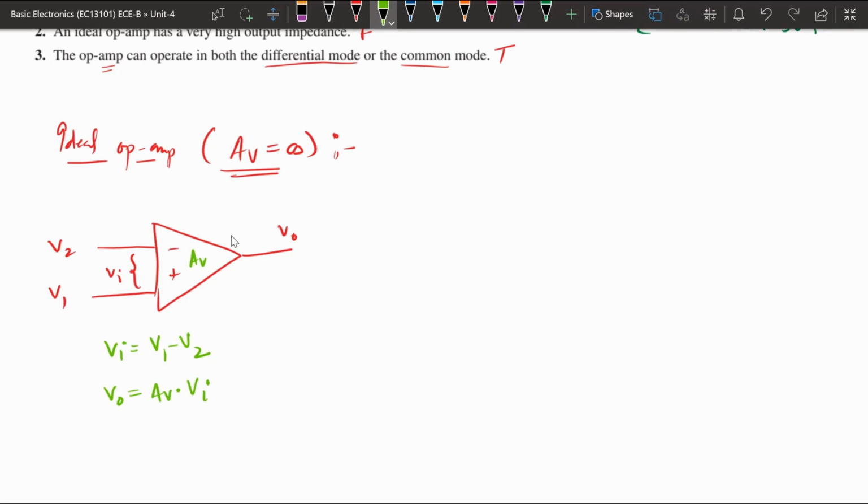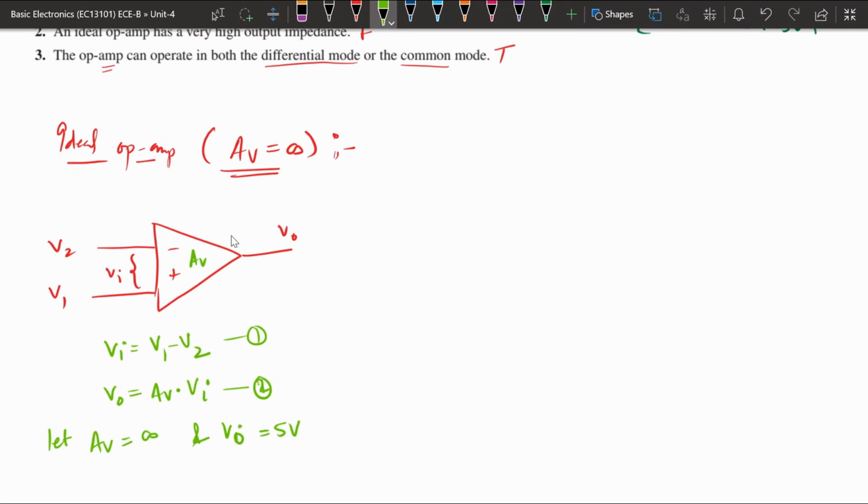Here we have taken that it is an ideal one, so the gain is infinity, and the input voltage is the difference of V1 and V2. Suppose at that time the output voltage we are getting is a finite voltage, suppose 5 volt, and we have gain infinity. From there, if we want to find the input voltage, we put these two values into this relation, equation 1 and equation 2.